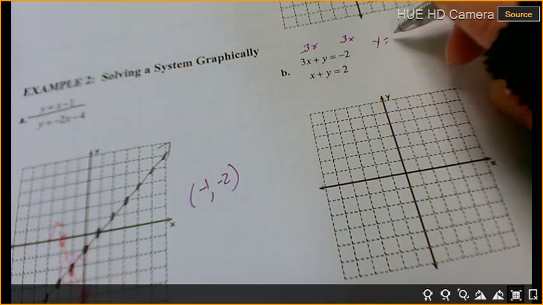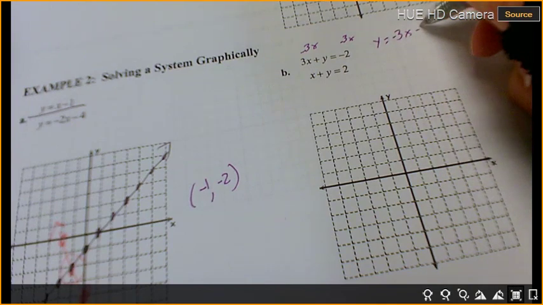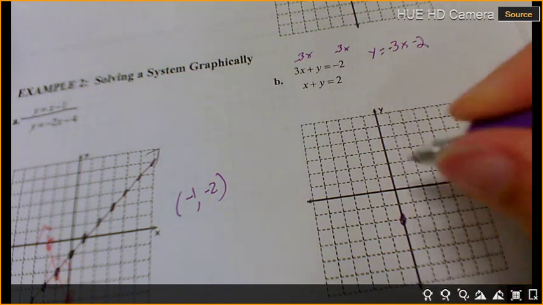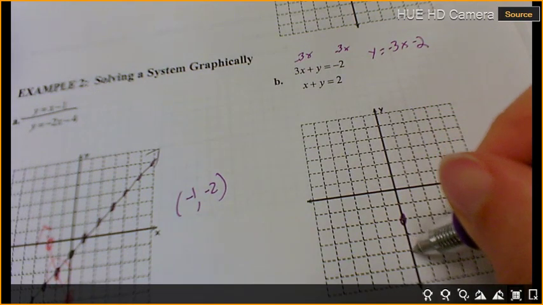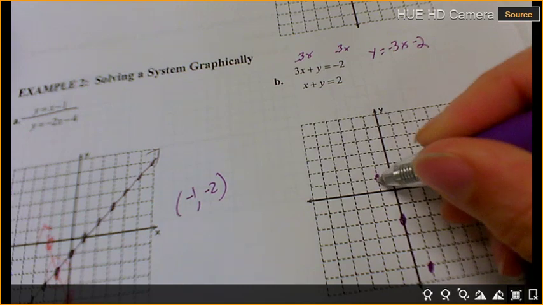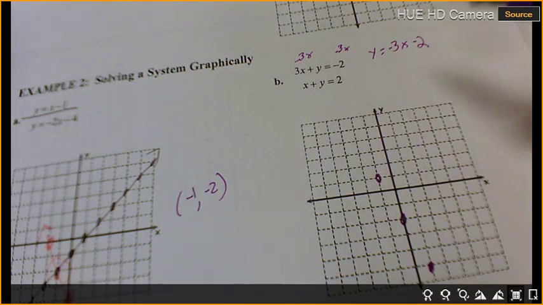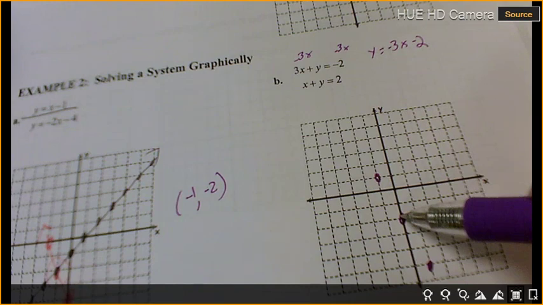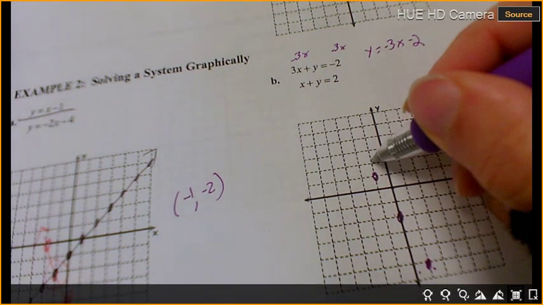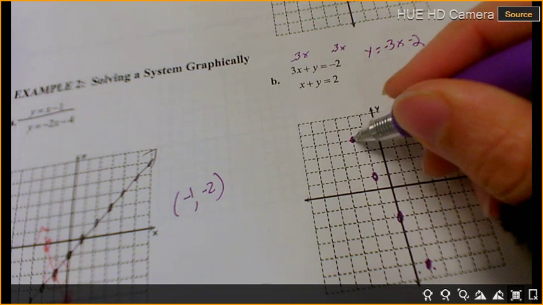I get y equals negative 3x minus 2. So I'm going to graph that while I'm at it. I'm going to put a dot at negative 2, and then go down 3 over 1, or up 3 over negative 1.